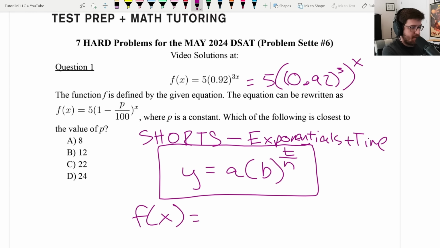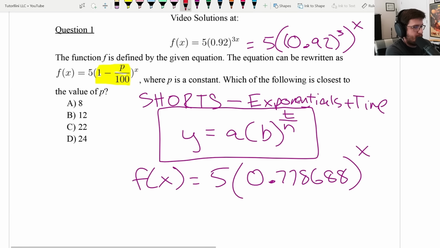And you'll notice, guys, there's this 1 minus p over 100. If you watch my Ottocento on percents, I believe it's Ottocento number 1, you will notice that that is the exact expression for a percent multiplier, in particular a percent decrease multiplier.